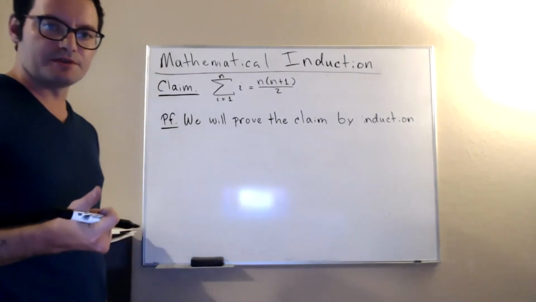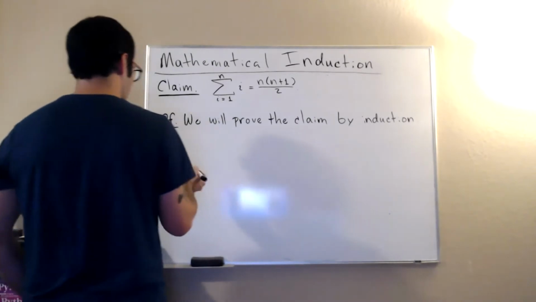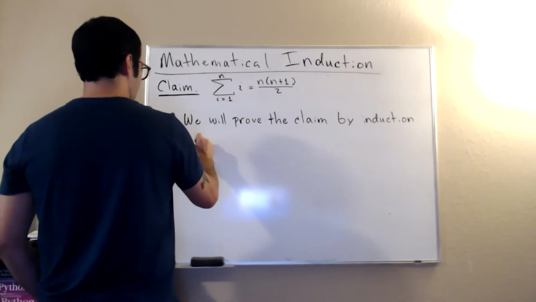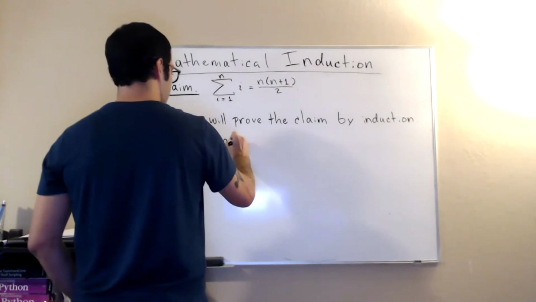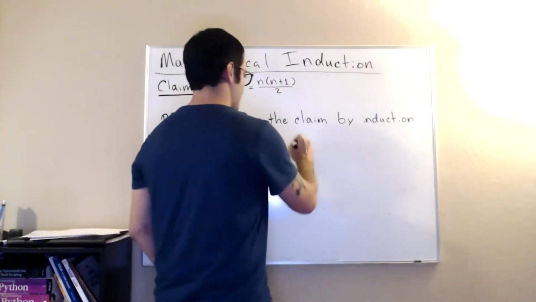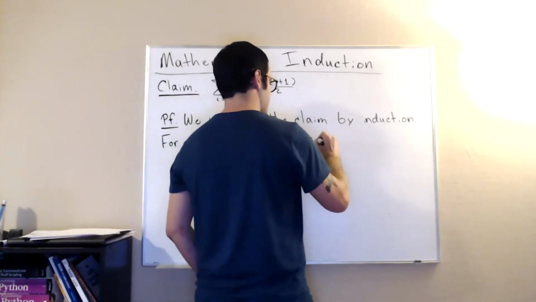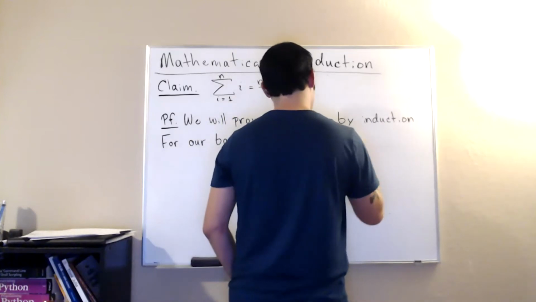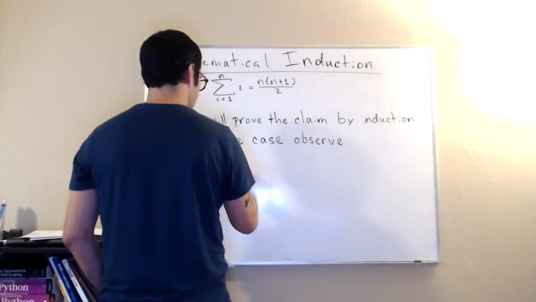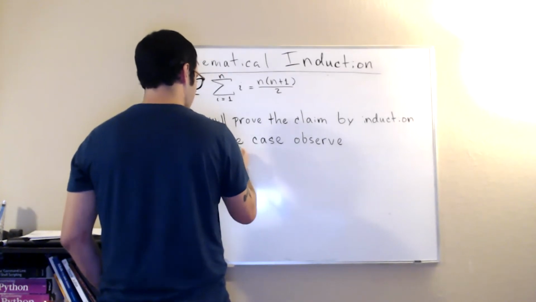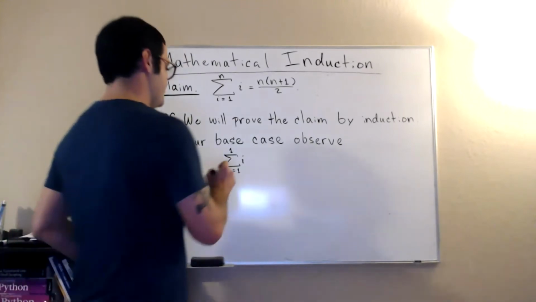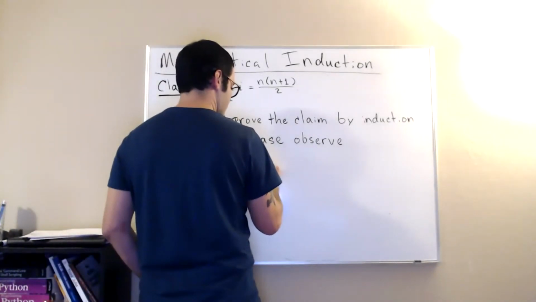So first, we're going to show that the base case is satisfied. For our base case, observe that the sum of i, i equals 1 to 1, of i. So we're taking n to be 1 here. That sum is just equal to 1, right?